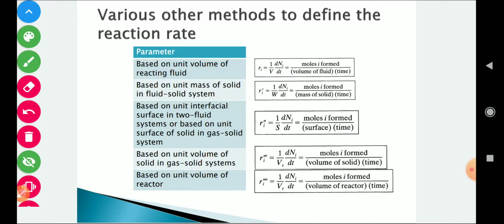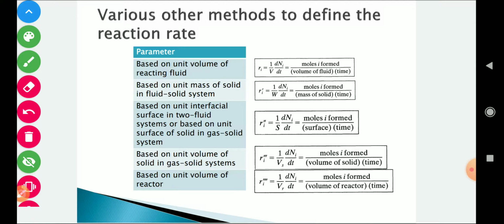So if we compare all these rate equations, in the first case the equation is divided by the volume of fluid, the second equation is divided by mass of solid, the third equation is divided by the surface area of the solid.